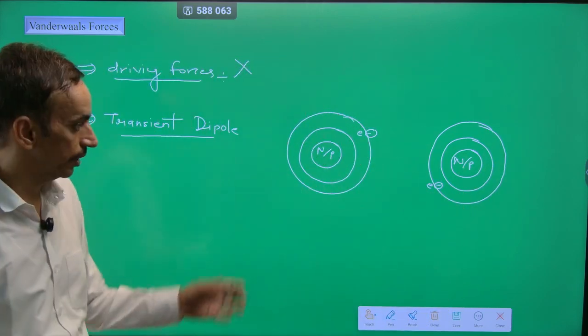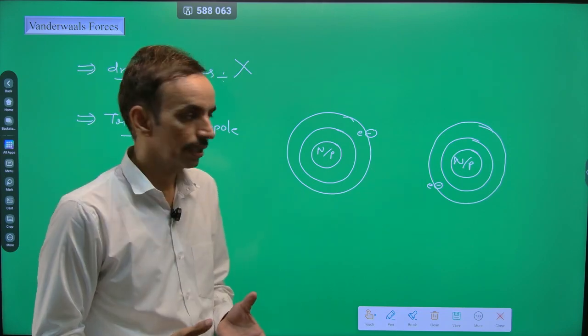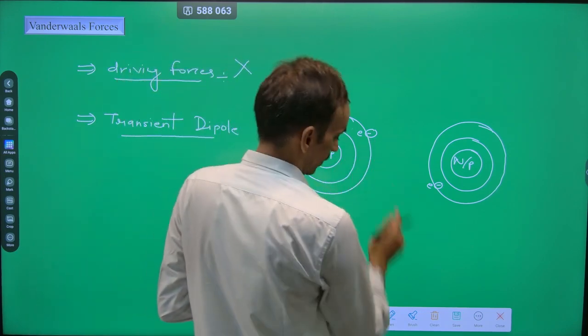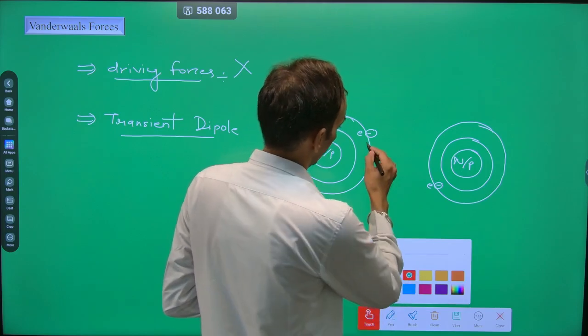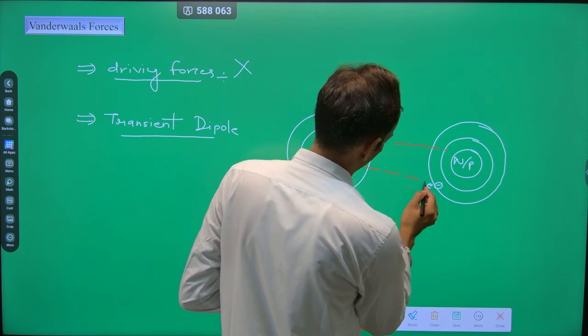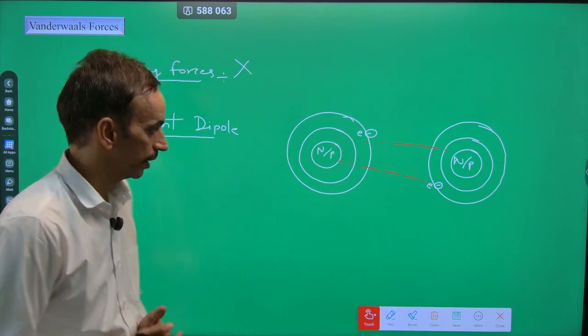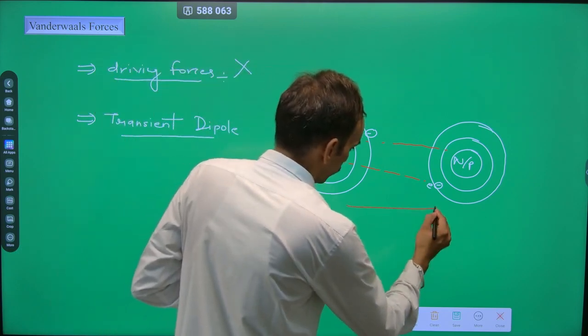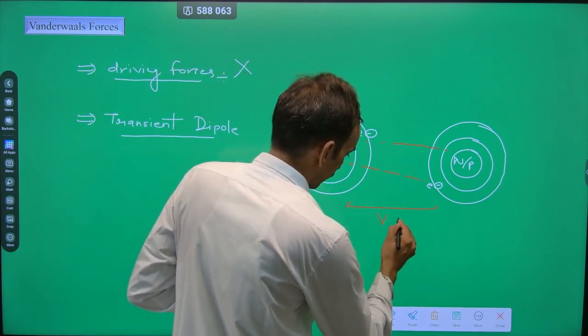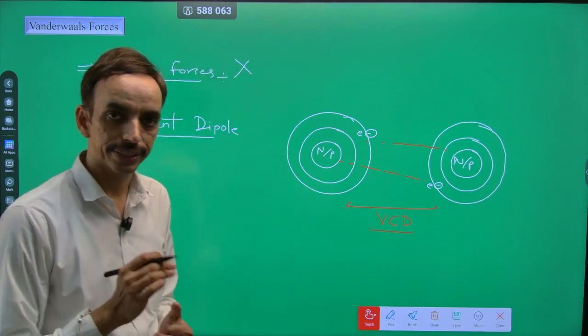Now, when the two atoms are in close proximity due to any other forces, then there is a formation of a transient dipole between them, between the outer shell electron and the nucleus. Now, the maximum van der Waals forces is at the VCD, that is the van der Waals contact distance.